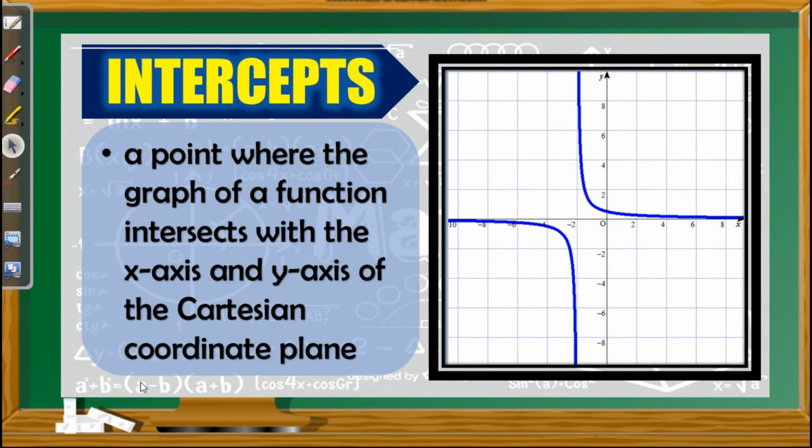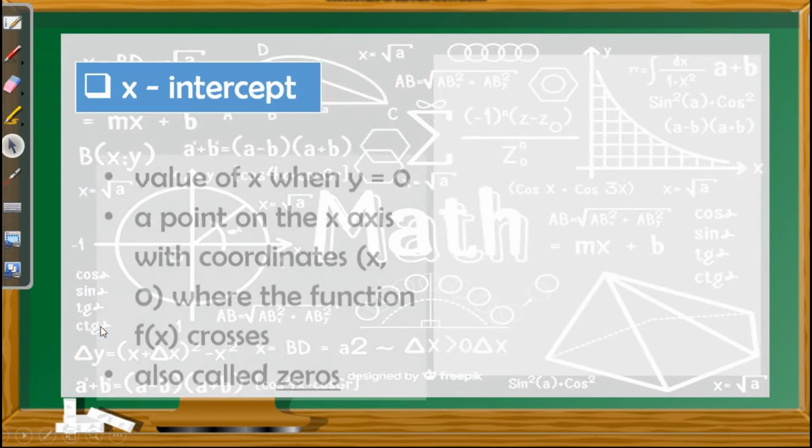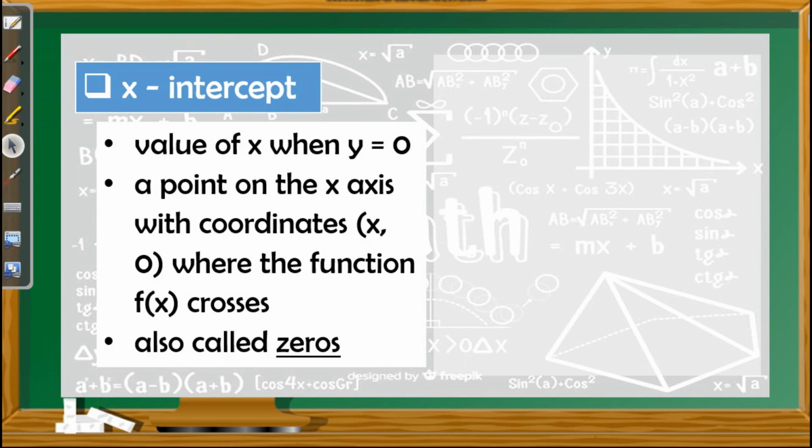Now, let us discuss how are we going to find them if we don't have a graph. First, the x-intercept. It is a value of x when y equals 0. It is a point on the x-axis with coordinates x, 0, where the function f of x crosses. The other term for x-intercept is zero. Now, in our given example, f of x is equal to 1 over x plus 2. Let us change f of x to y.